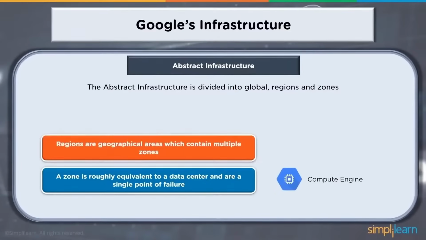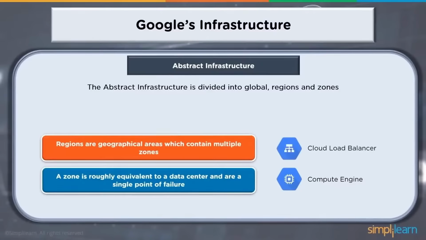You have regions, which are geographical areas which contain multiple zones. So you could have a region for US Central or Europe Central, Europe West, and so on. And within a region, you would have one or multiple zones, and zones basically would allow high availability of resources.